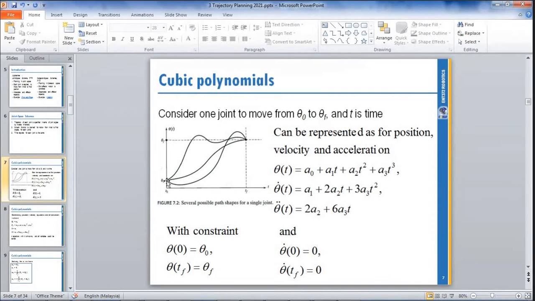These are facts: before you move anything, your velocity is 0. One dot is velocity; if you have two dots, that means acceleration. So at time 0, the position is theta 0.